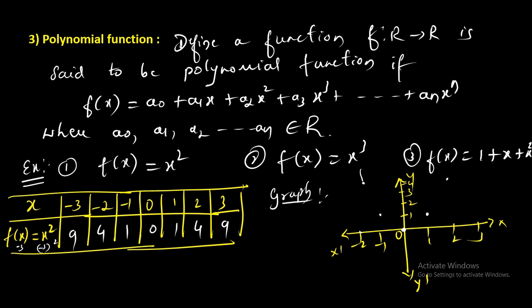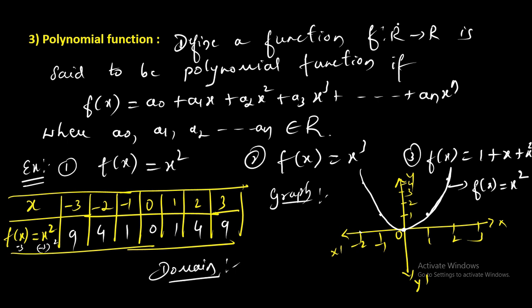So joining all these points, the curve that you are going to get is the graph for f of x equal to x square. Then the domain of this function is, what is the domain? Definitely from here only we will say R, or -infinity comma +infinity.